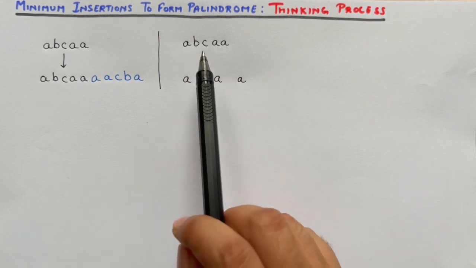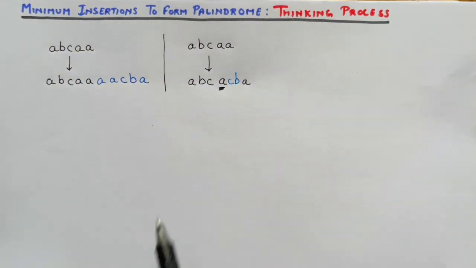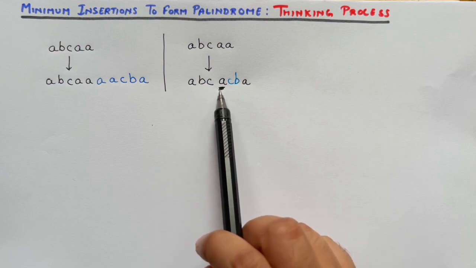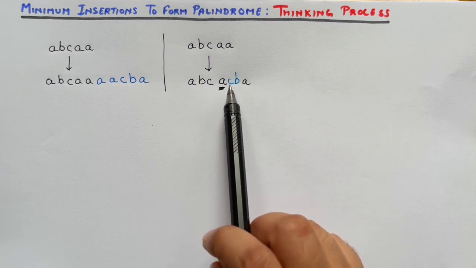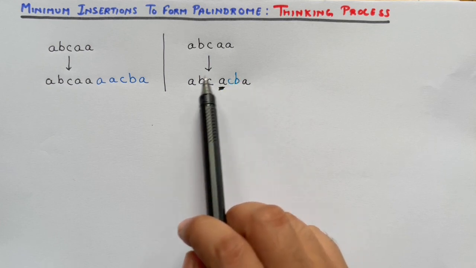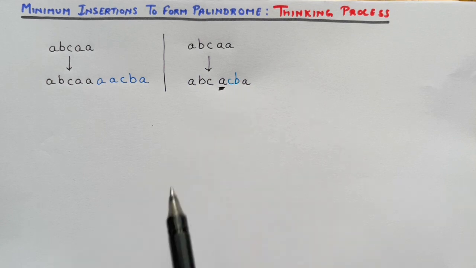I can just reverse the order of BC and also add it here. So this is the BC from the string, and since this was the middle of the palindrome AAA, we just had to add 2 new characters C and B here, and now this is a palindrome. So our answer now here is 2 characters.